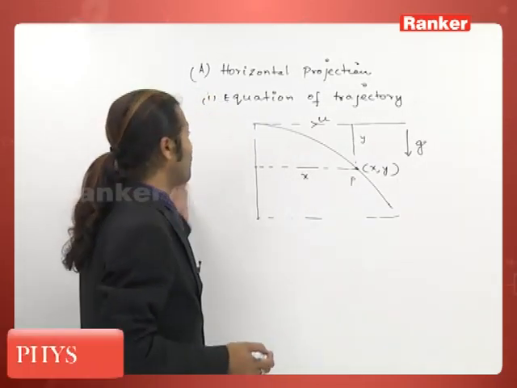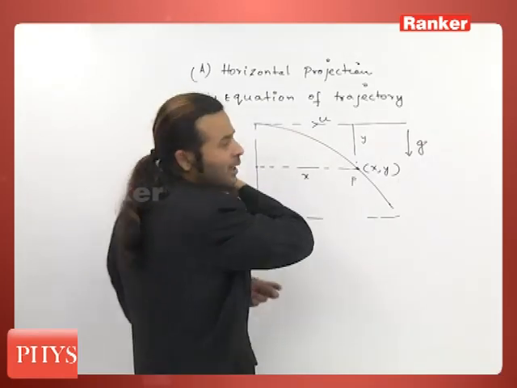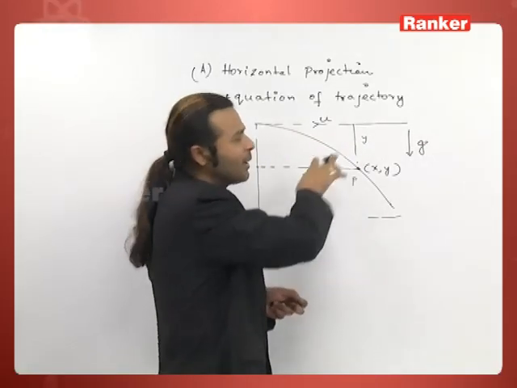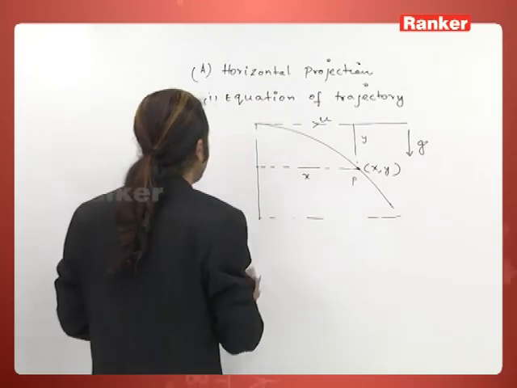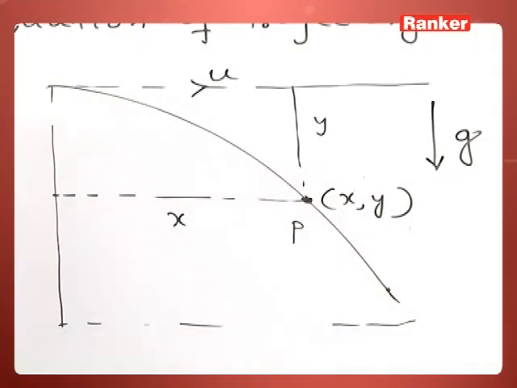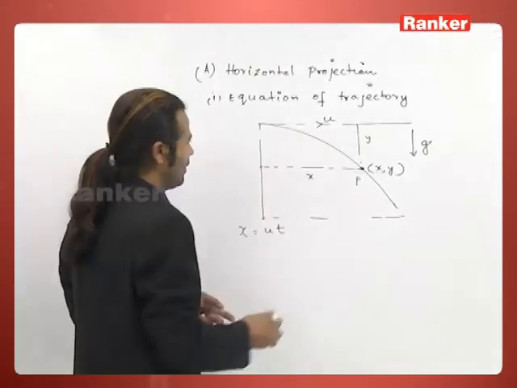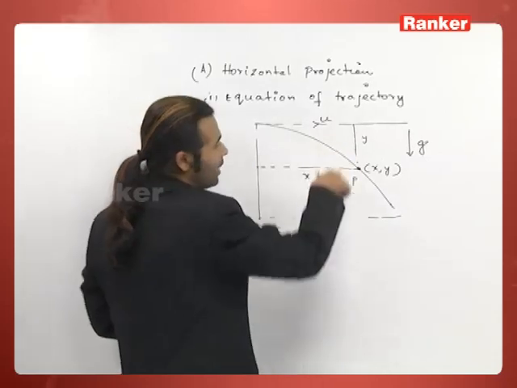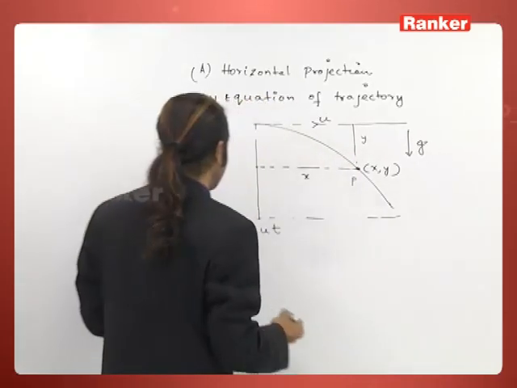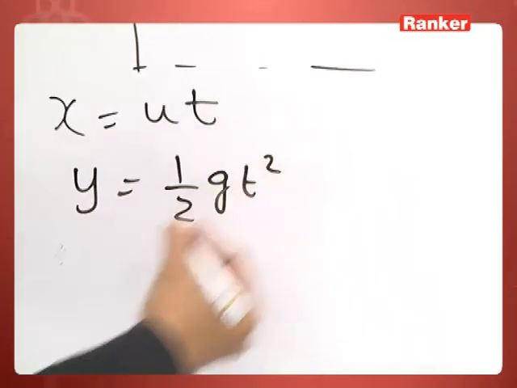Since the body is thrown with a constant velocity u, in time t where it reaches the point P, I can write x is equal to ut, and since there is no initial velocity along y direction, y is equal to half gt square.